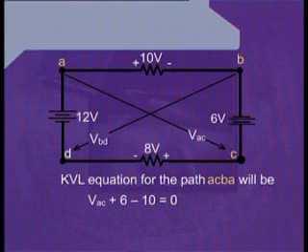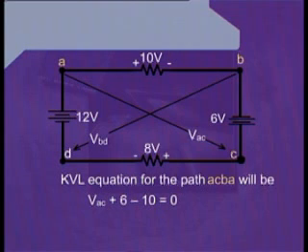A value for that drop is 10 volts, and the terminal of this resistance, which is towards the point B, is negative. Therefore, we will write minus 10, and we reach at the point A, which is our starting point.